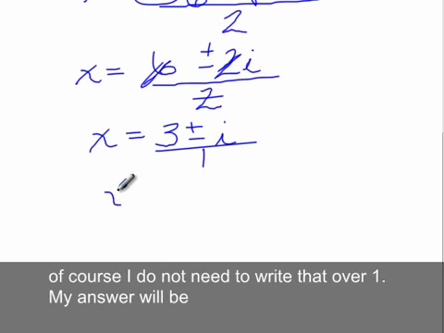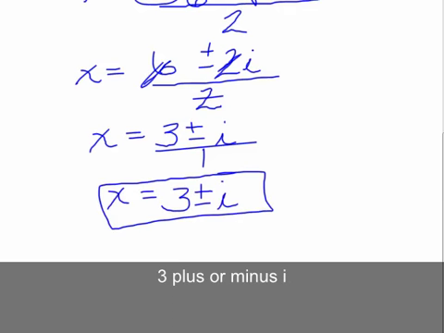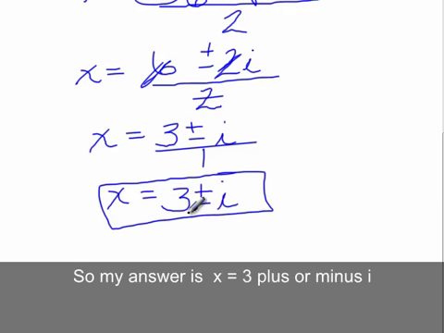Of course, I do not need to write that over 1. My answer would be 3 plus or minus i. So my answer is x is equal to 3 plus or minus i.